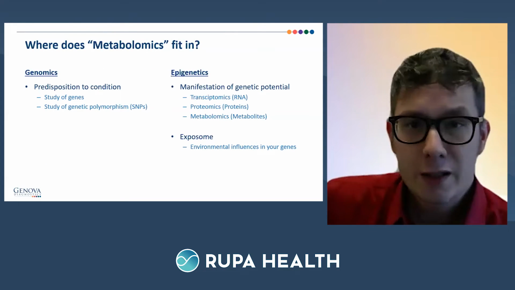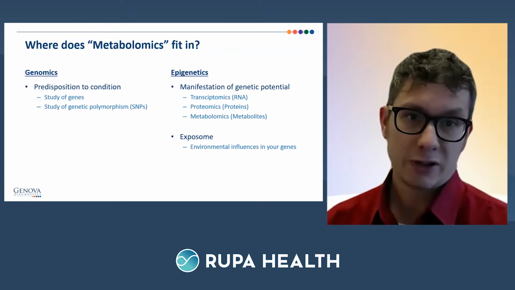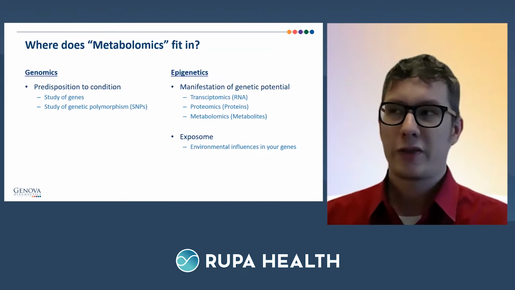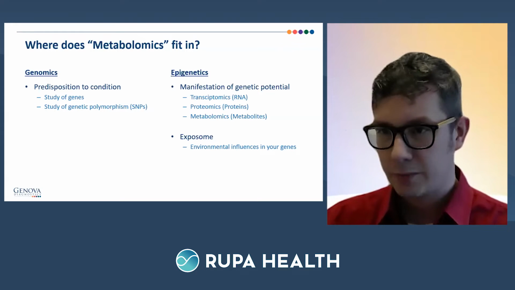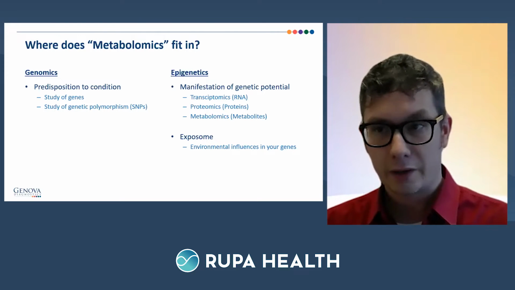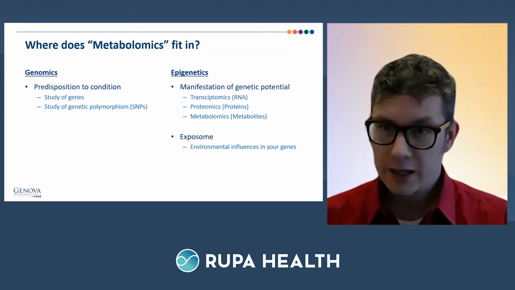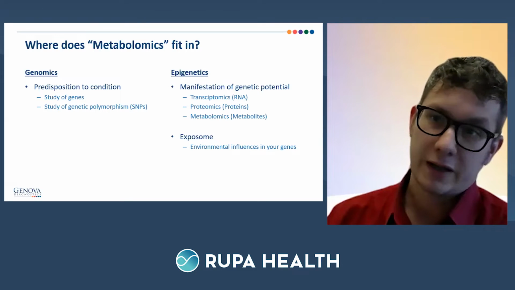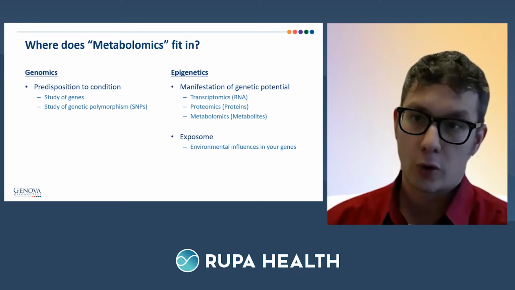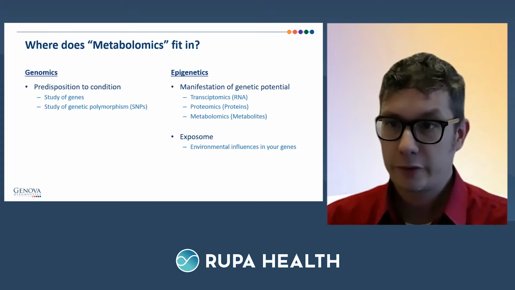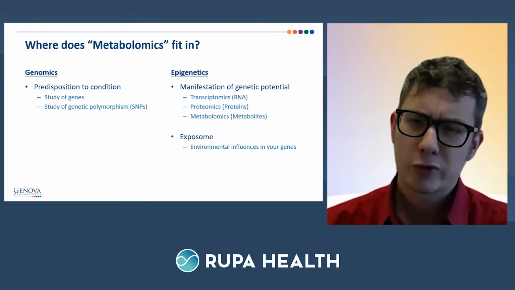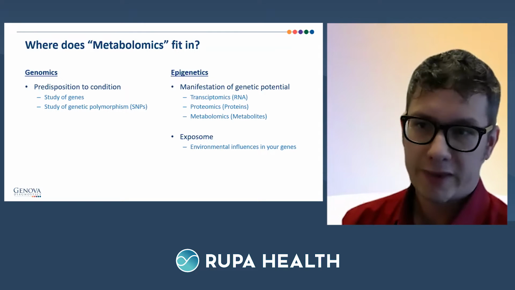So when I think about this term, metabolomics, one of the things about it is, yes, it is becoming more and more prevalent in our industry, but it's not really a new concept. Metabolomics is essentially another word for a group of metabolites, or looking at metabolites. And we'll talk a little bit more about what that means later.